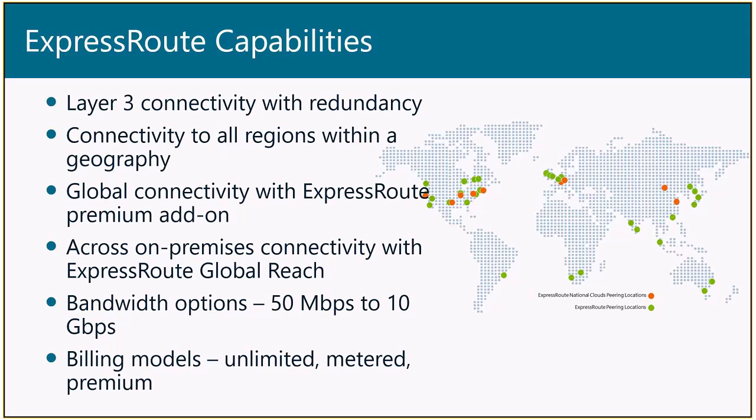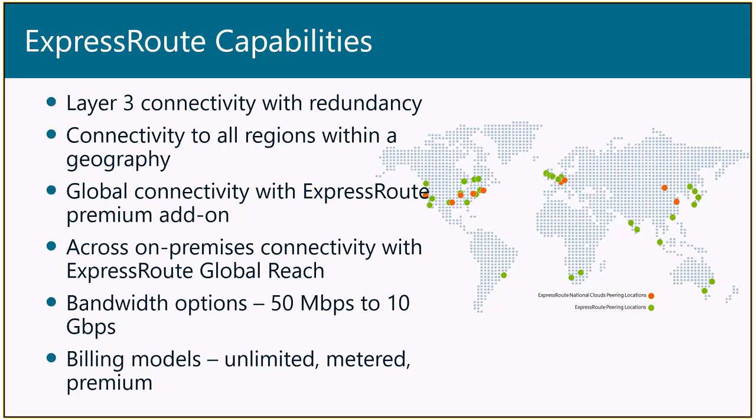Express Route capabilities: it is doing layer 3 connectivity with redundancy, connectivity to all regions within a geographical location, and global connectivity with the Express Route Premium add-on, across on-prem, using Express Route Global Reach.